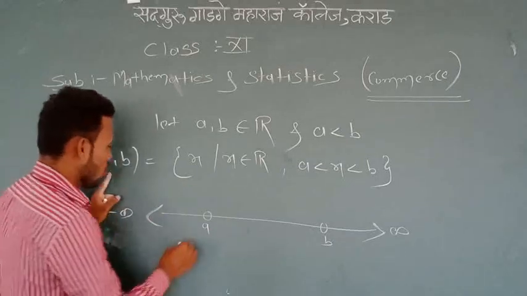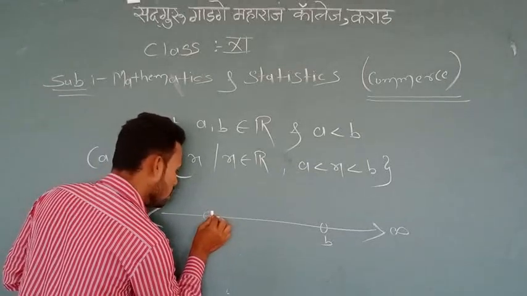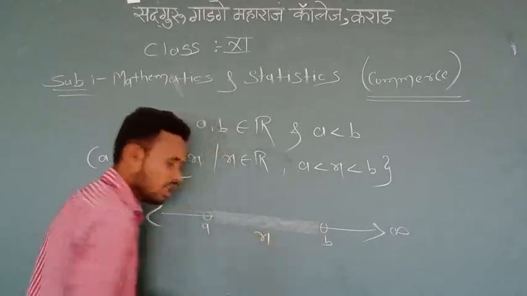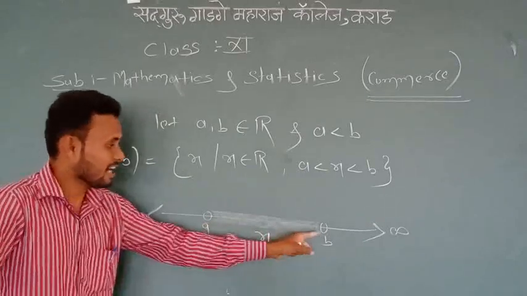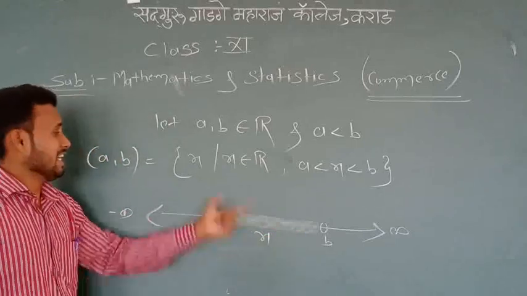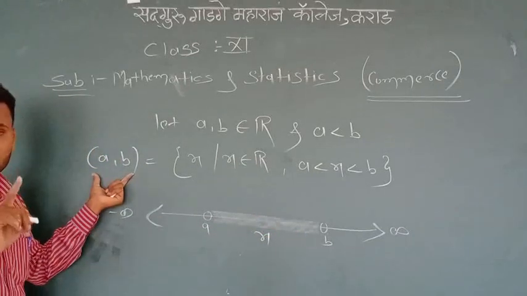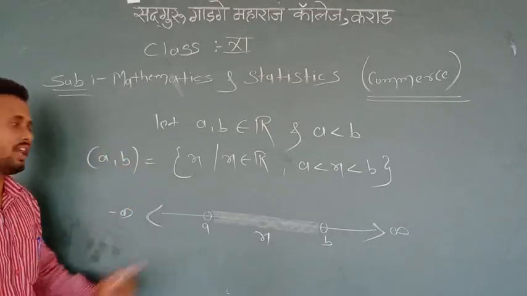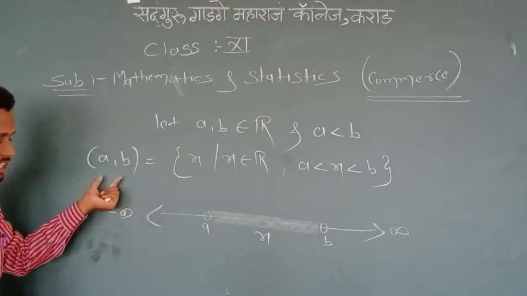All the real numbers lie between A and B, but A and B are not included in this set. Why not included? Because it is open interval. In open interval, boundary points are not included, only the points in between are included in that set.